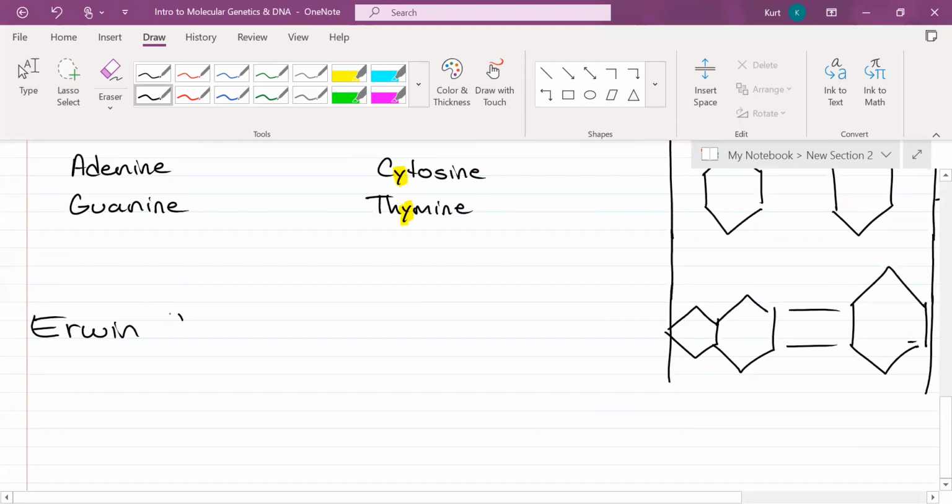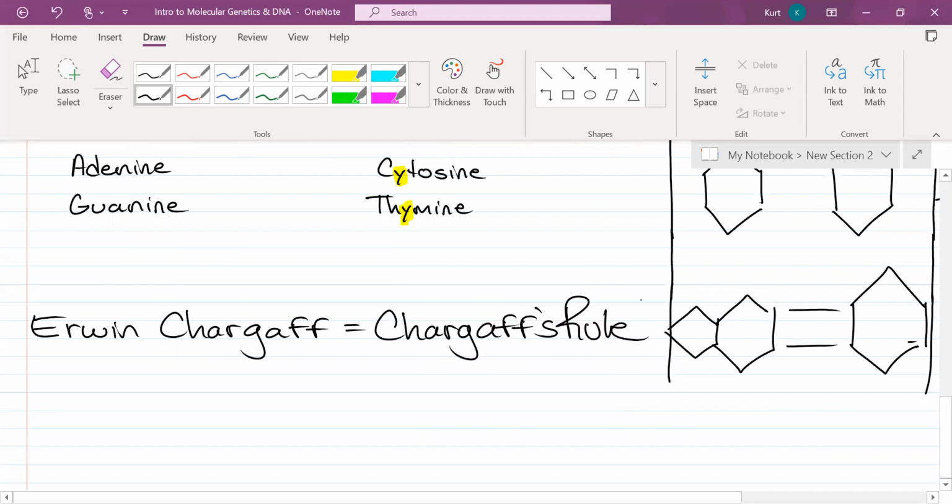Here's another dead guy I'm going to introduce you to. Chargaff's Rule. Erwin Chargaff noticed something when it came to the ratio of nitrogenous bases.